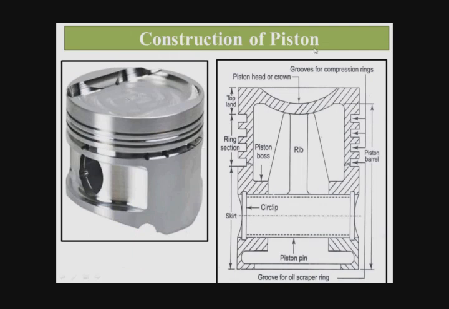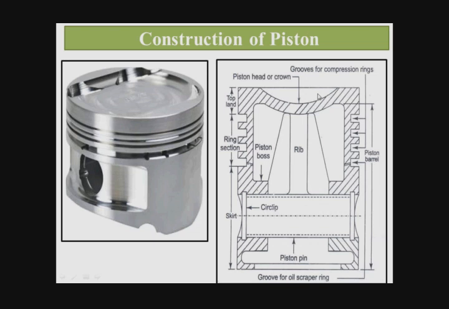Construction of piston. So here you can see, this is the piston. Here the rings will be placed, and here the piston pin will be placed so that the piston can be connected to the connecting rod. Here you can see the cross section of the piston.